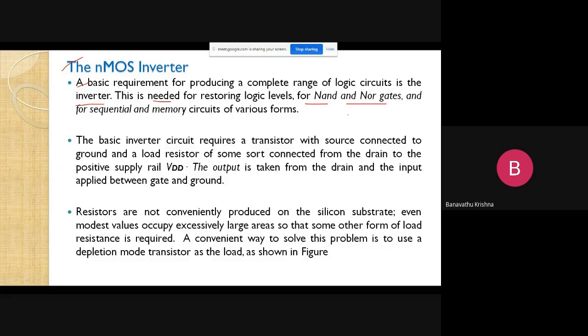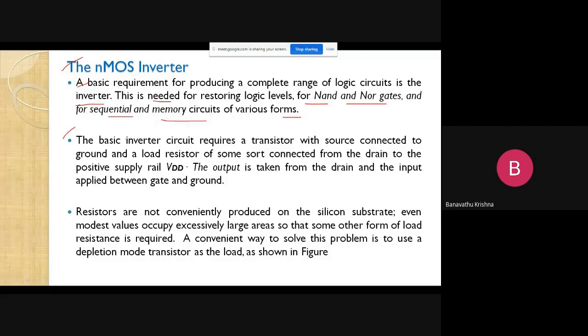So we can implement NAND and NOR gates by using NMOS inverter logic, and also sequential and memory circuits of various forms.